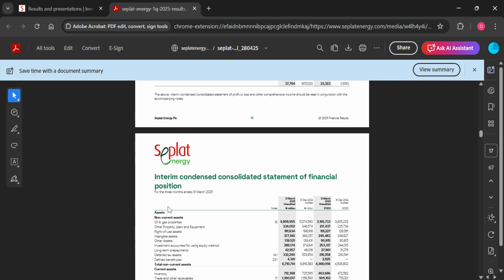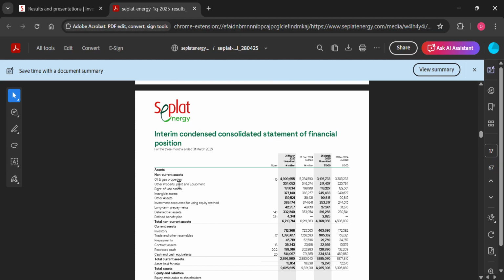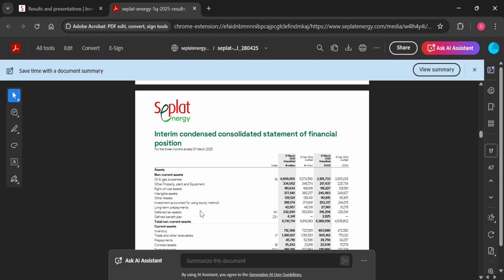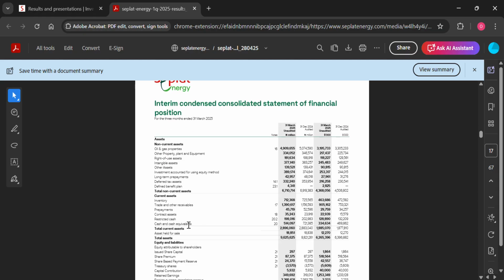So the asset is basically the present economic resource that the organization has due to past events. It can be fixed or current. Now, fixed means that it is not convertible to cash within a 12-month period. That's when you have the land, the machinery, other assets.